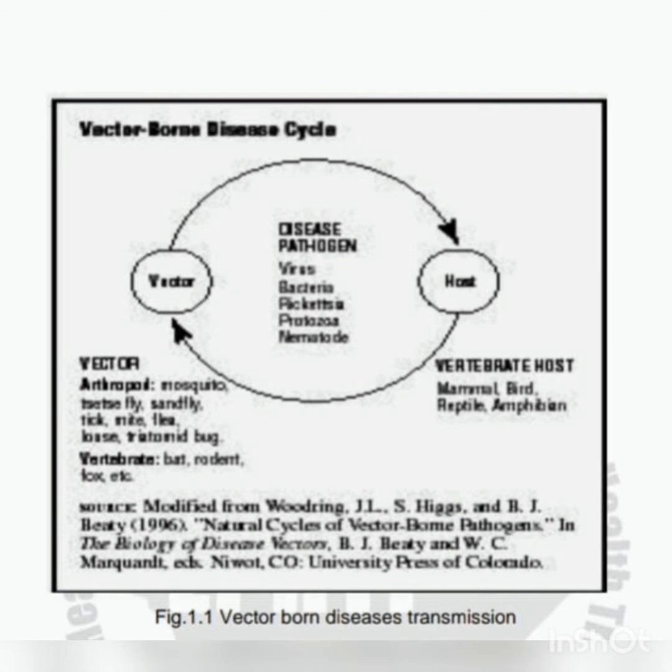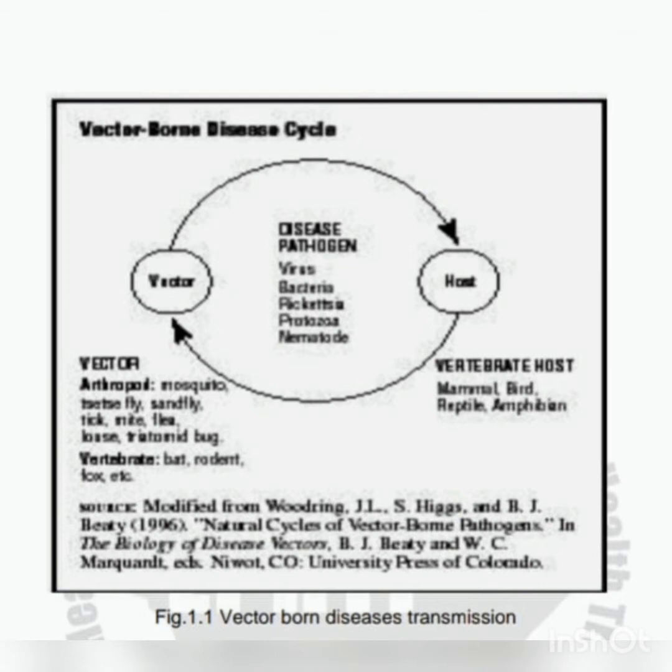That is known as a biological vector. Here there will be multiplication of the pathogen in the body of the vector. An example is the malarial mosquito, the female Anopheles mosquito.